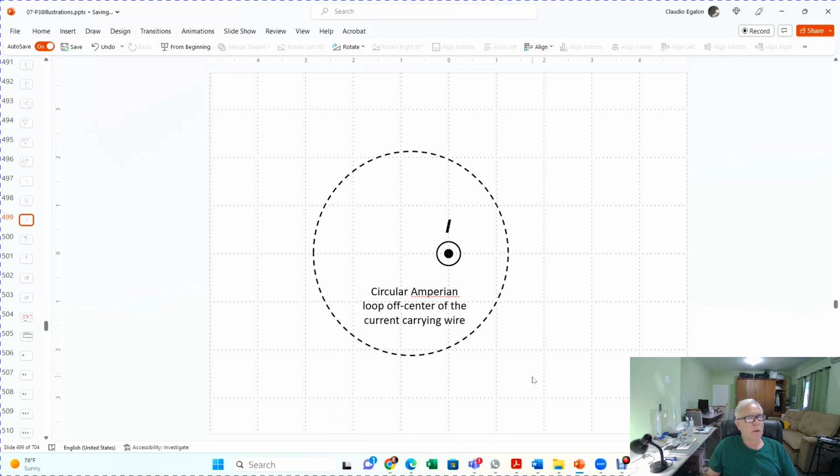This loop here wouldn't help you solve this problem. Okay? Because it's not symmetric.